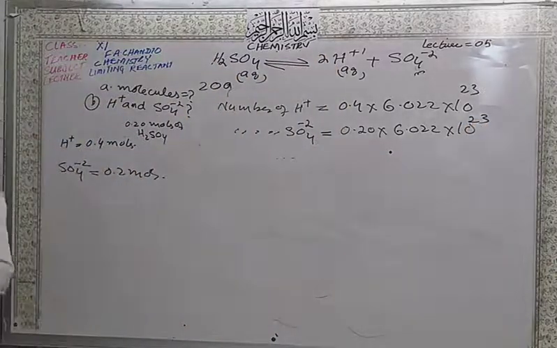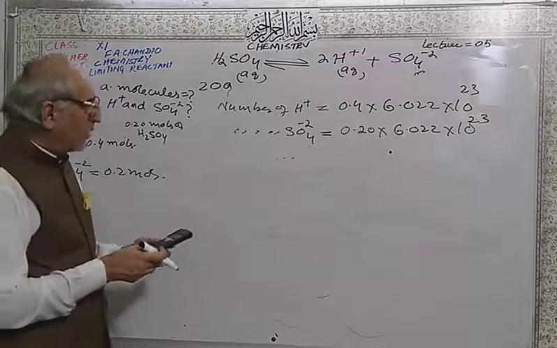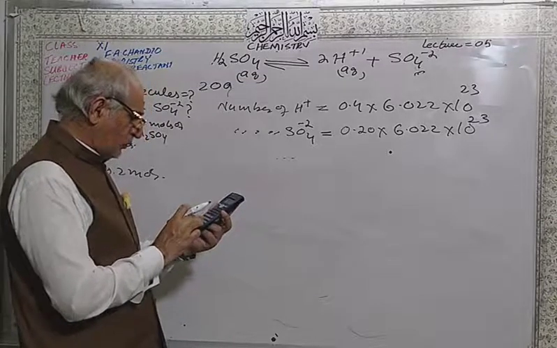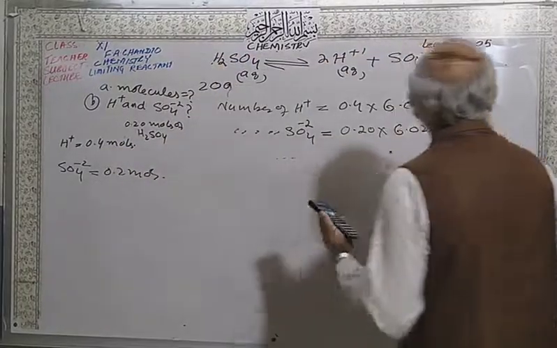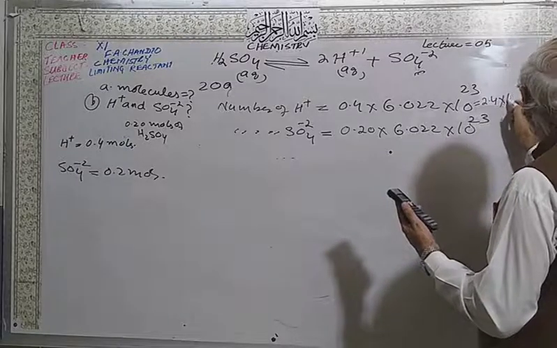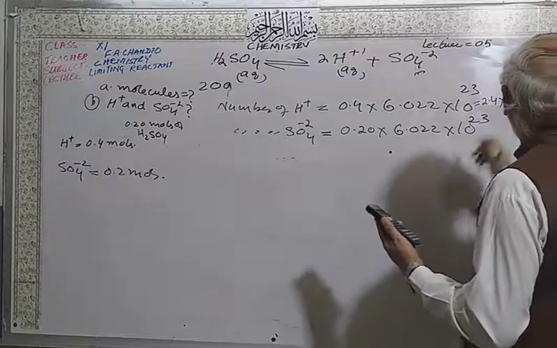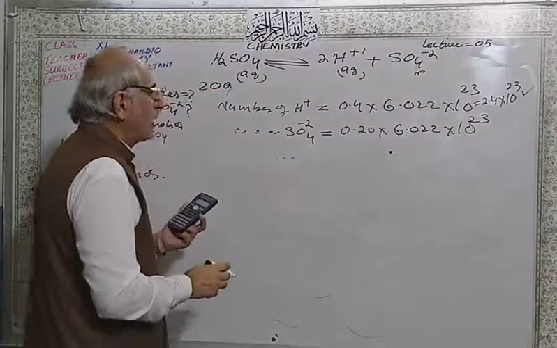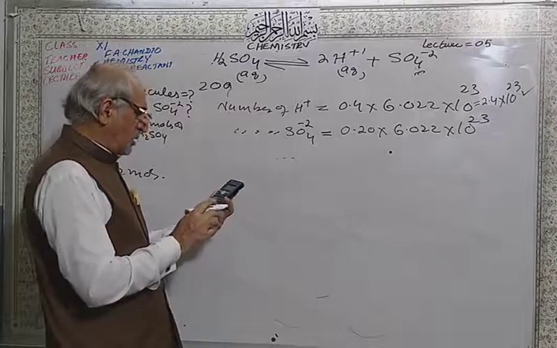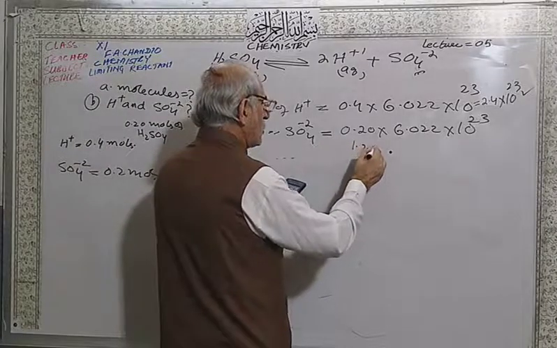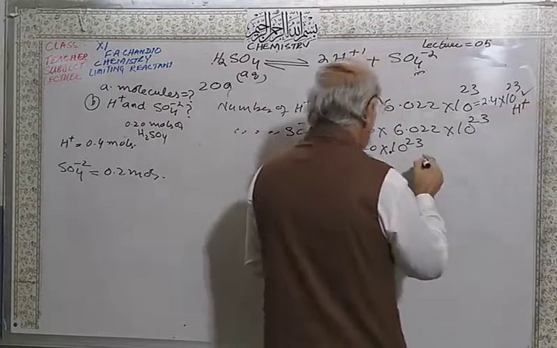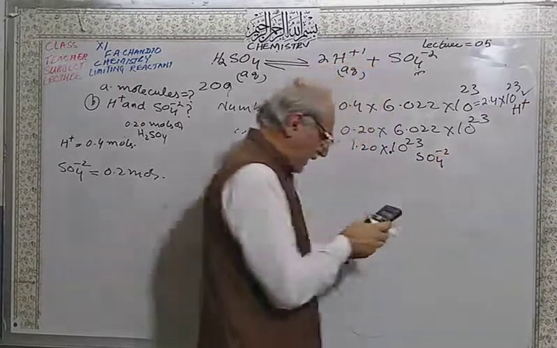So this is the formula: moles multiplied by Avogadro's number. 0.4 multiplied by 6.022 gives 2.4 into 10 raised to power 23 hydrogen ions, and 0.2 multiplied by 6.022 gives 1.20 into 10 raised to power 23 sulfate ions.